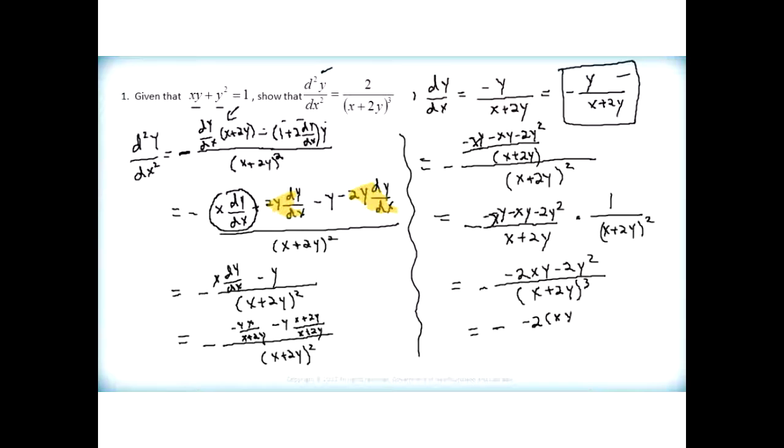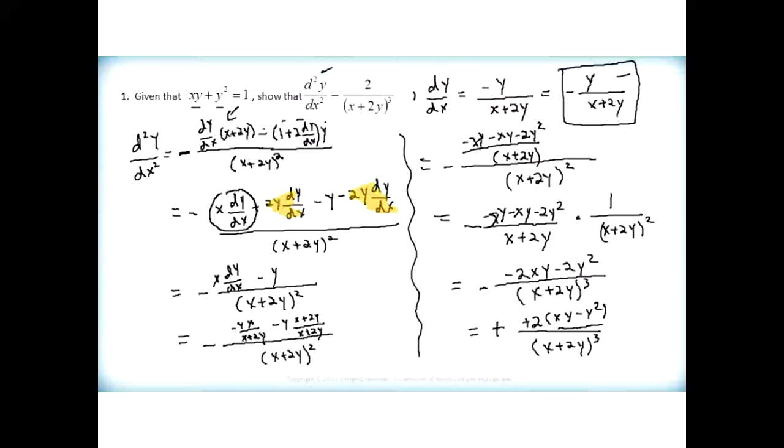So that'll give us xy minus y squared, if I take just the minus 2, and that's all over x plus 2y cubed. Aha! So we can say subtracting a negative is adding a positive, so that goes away. And if I could get rid of all of this stuff right here, I'd be a happy guy because I'd have what I want.